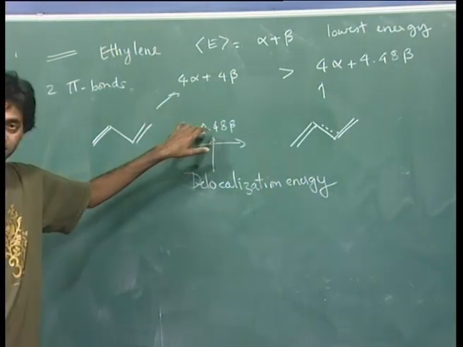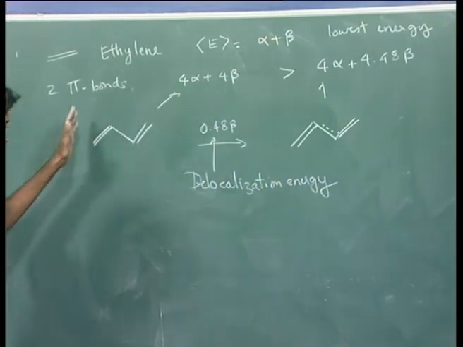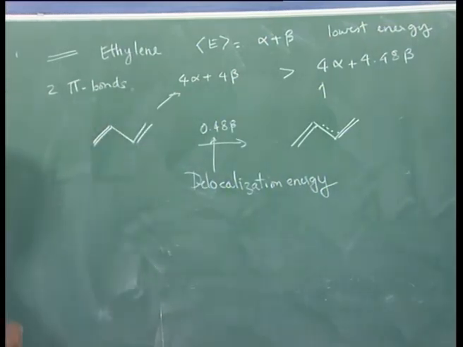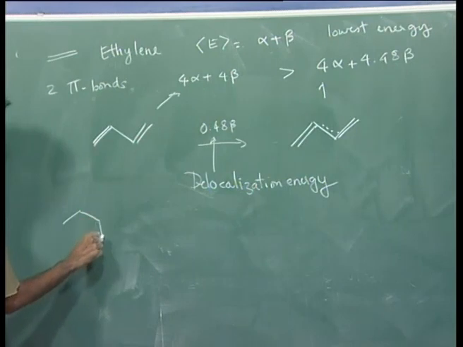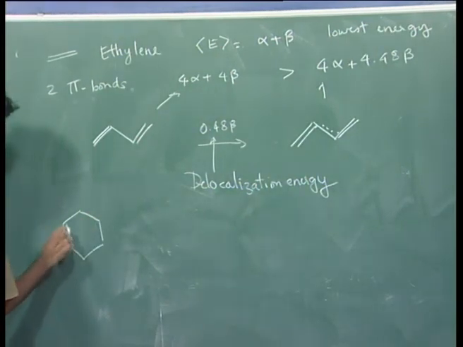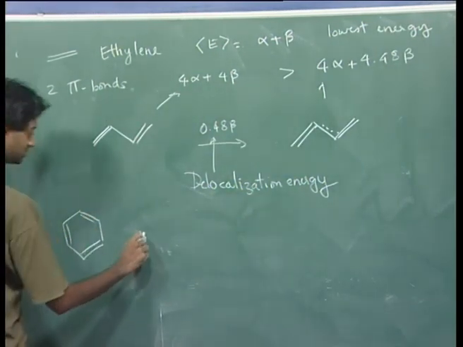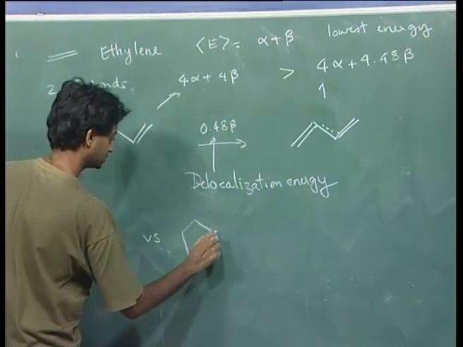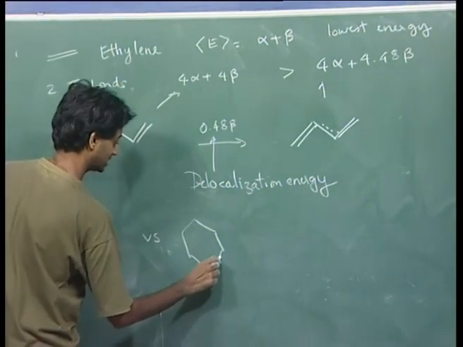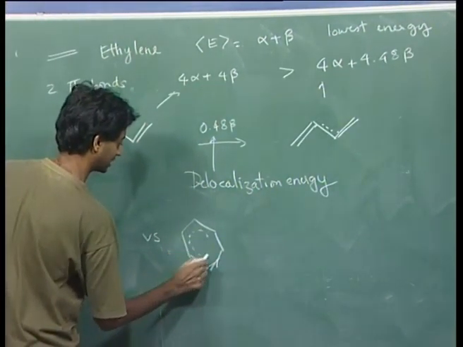And you can take this one step further. You can calculate all kinds of molecules. For example, you can do it for benzene, this versus where the electrons are truly delocalized.